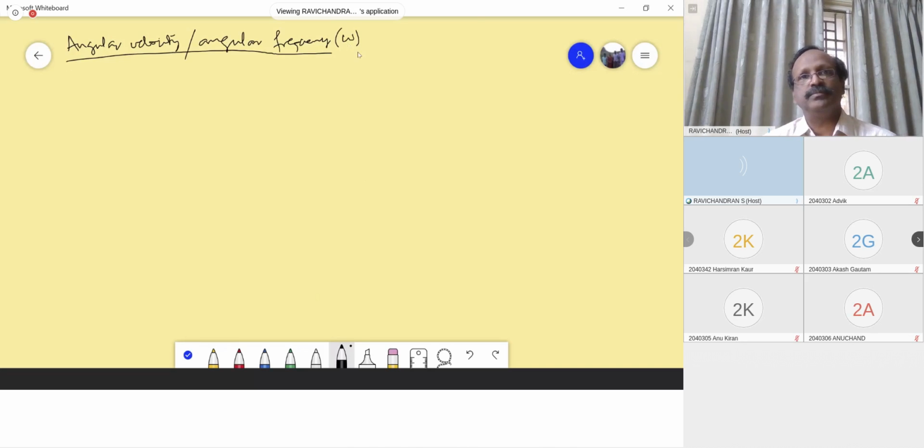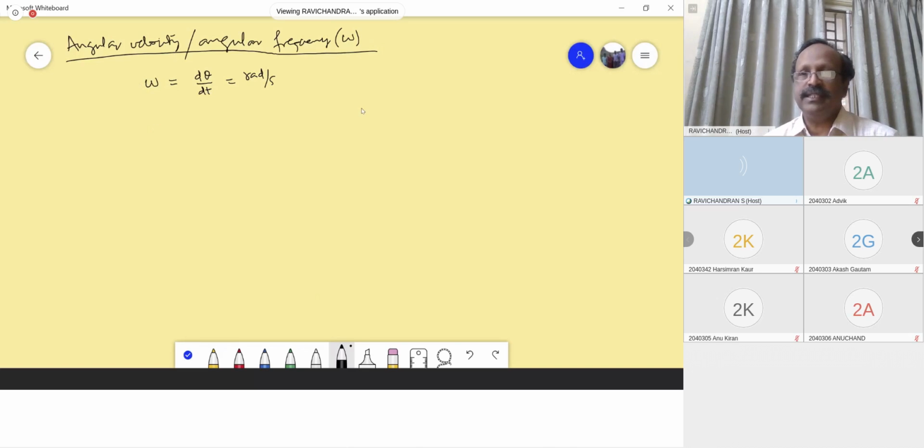Omega. The unit of this we are also going to see. Angular velocity is defined as the angular displacement per time. The rate of change of angular displacement is called angular velocity. The unit is radian per second. Omega is equal to d theta by dt.